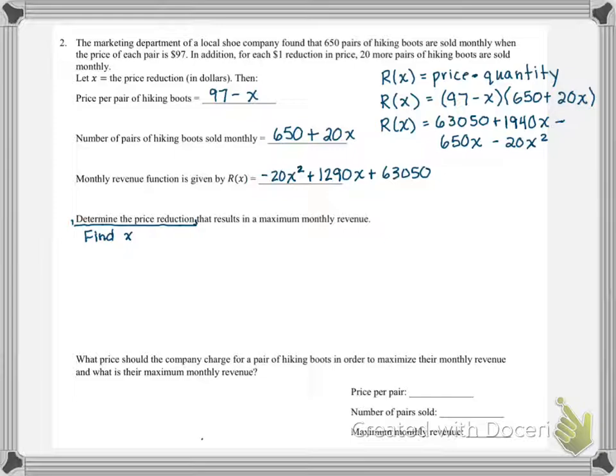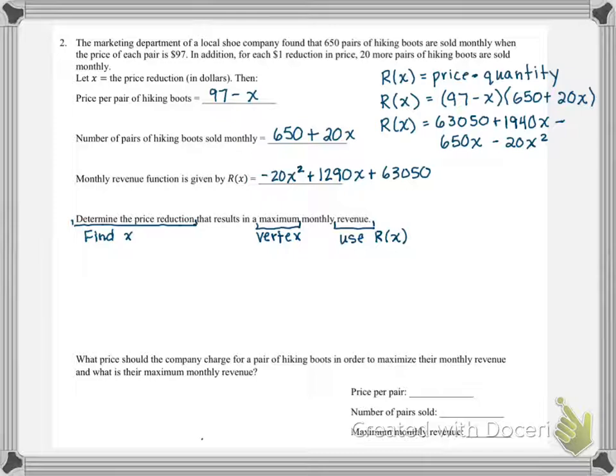And then I want to maximize something, which means I want to find a vertex. The thing I'm maximizing is revenue, which means I want to use the revenue function.